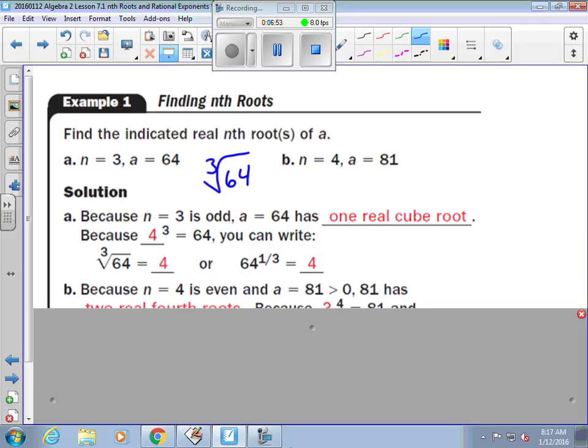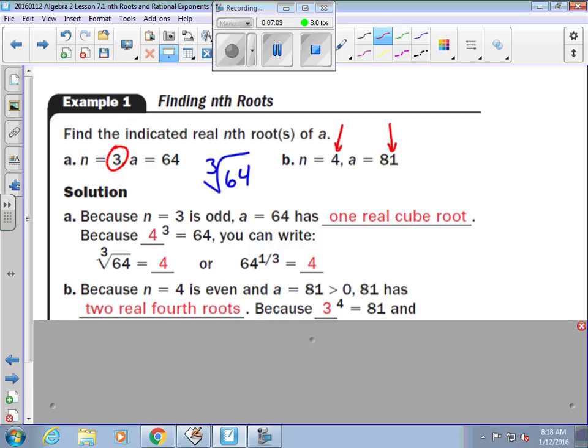For B, n is 4. The previous one had an odd index and had 1 real root. This one has an even index and a positive number, so it's going to have two real roots. n is equal to 4, which is even, and a is equal to 81, which is greater than 0, so 81 has two real roots.